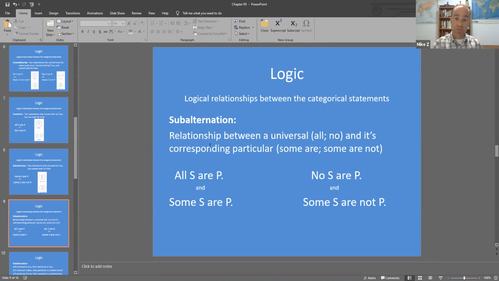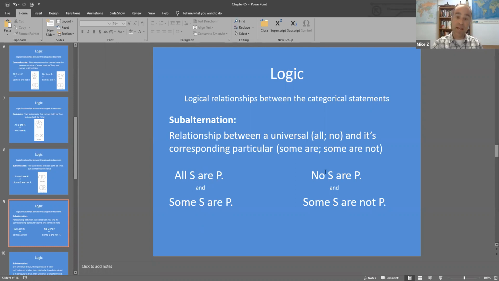Remember, the universal statements are the ones that contain either all or no as their quantifier, whereas the particular statements are the ones that use some as the quantifier. And so over on the left here, we have the positive versions, right? So all S's are P and some S's are P. We have a subalternation relationship between those two.